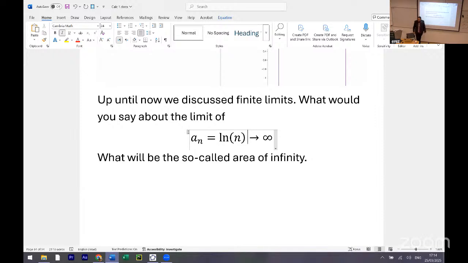So now you have to work a bit hard. Because n comes from the natural numbers and the natural numbers are an infinite set, it means for every n there's an n that's bigger. That's true, every natural number has a bigger one, but the fact that every number has a bigger one does not mean it tends to infinity, right?